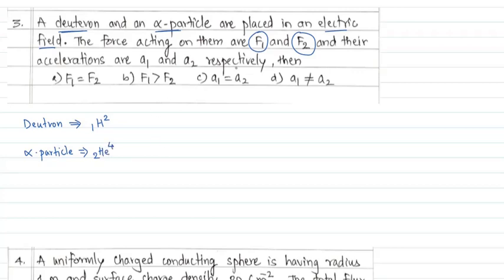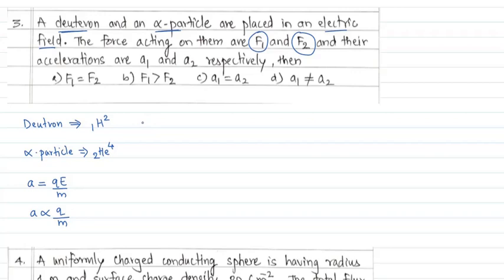So they are placed in an electric field, the force acting on them and acceleration he has given. Acceleration of a charged particle in an electric field is given by a is equal to QE by m. Now they are placed in the same electric field, so E is constant. So you can say a is proportional to Q by m.